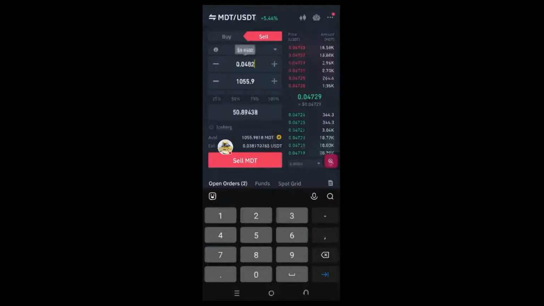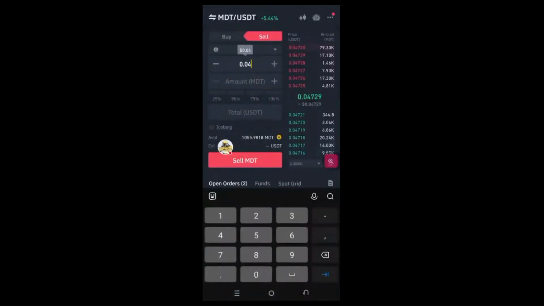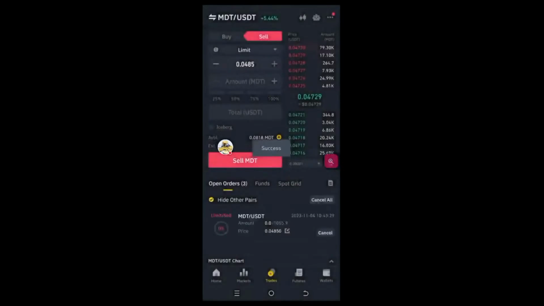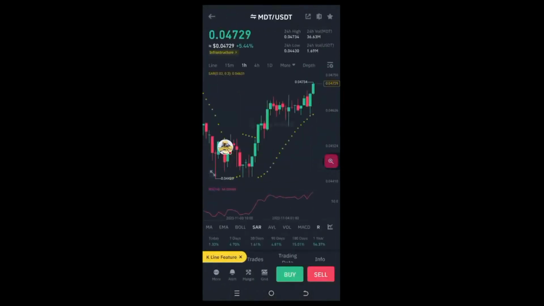I just want to make it about 485. Okay, let's try this out. Like I always tell you, we don't have to wait till it gets to that point. So let's do 485, pick up 100%, and get it in the queue, because it looks like it's in pump mode.